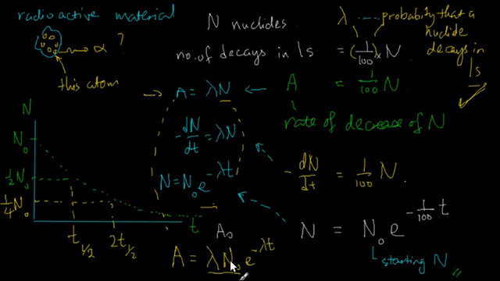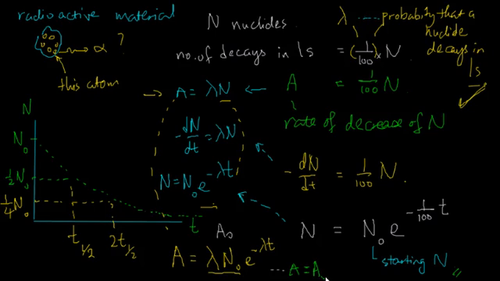Let me replace this by a naught, and the equation would now look like this. I'm running out of space, so let me squeeze it in here. I have a is equal to a naught, because lambda n naught is just the a at time t equal to 0, which I call a naught.